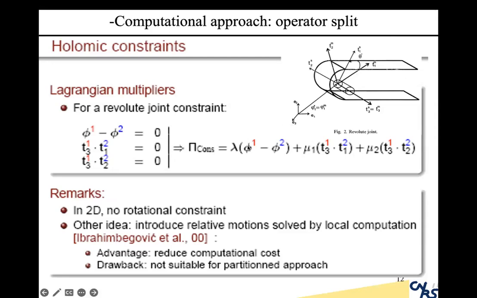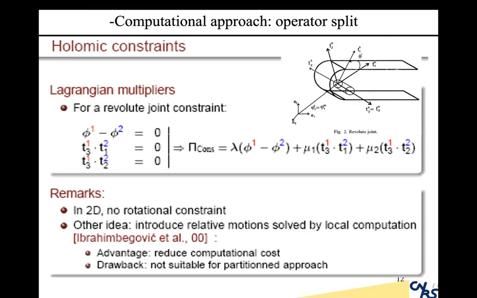One way of handling this constraint would be in terms of Lagrange multipliers. Here I will have a Lagrange multiplier enforcing the equivalence of 3 displacement components, so I'll need 3 Lagrange multipliers, collected in lambda. Then I have another one for the first rotation and a second one for the second rotation. So altogether I have 5 Lagrange multipliers.